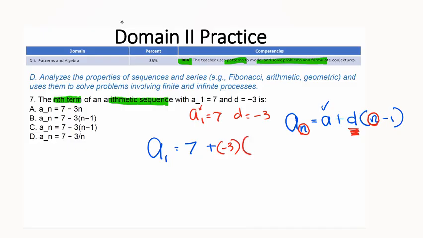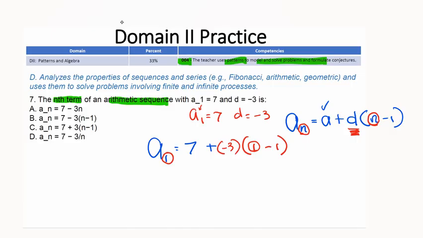My formula is n. The n is 1, because that's what they said here, so that must be 1 minus 1. But do we need that? I think we don't need that.